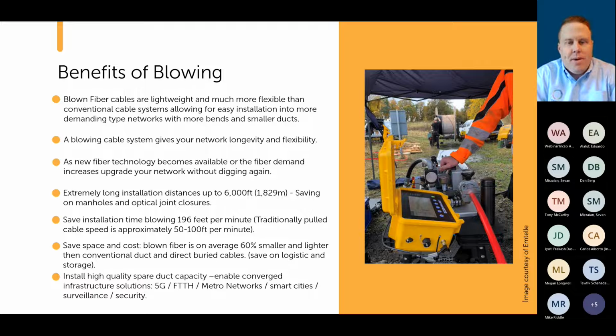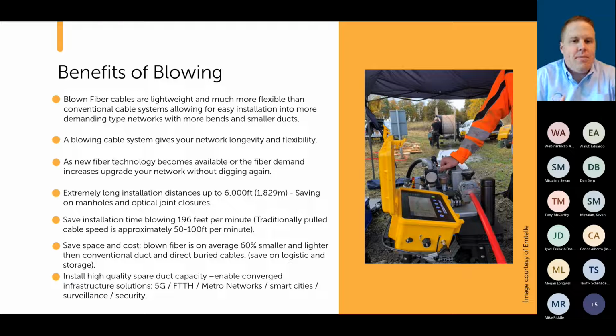Appliances in your house are all becoming Wi-Fi connected. So as technology is increasing our demand for fiber, make sure you're planning ahead. And this just makes it a whole lot simpler way to expand your network down the road.